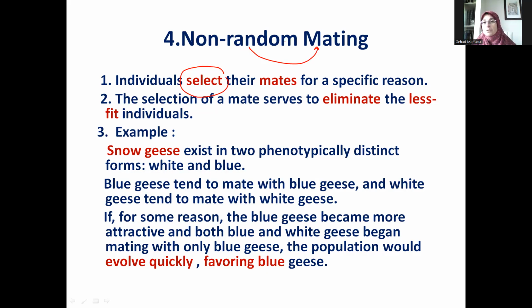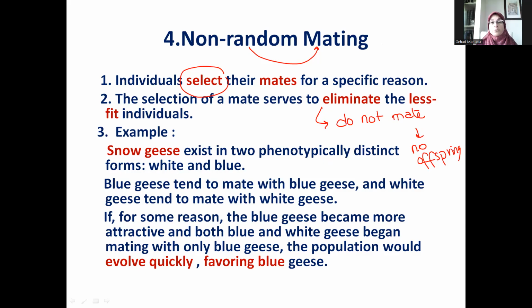But if it occurs, then the less fit individuals will be automatically eliminated from the population. Why would they be eliminated? Because they do not mate. Therefore, they do not have viable offspring, and so they cannot pass on their traits to other individuals.